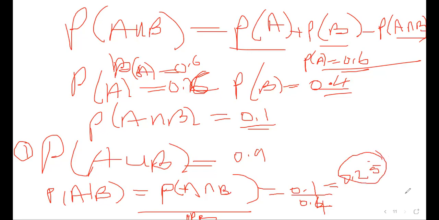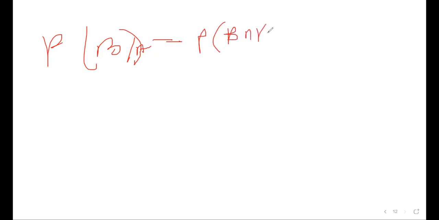Then what's the probability of B given A? Who can try? So it will be the probability of B intersection A divided by the probability of A. Okay, correct. So this is the conditional probability that you are doing here.